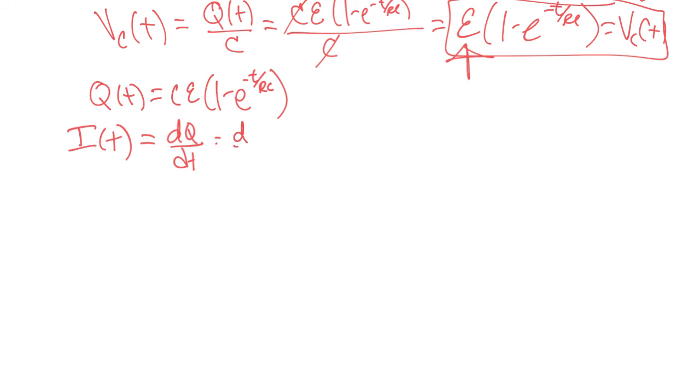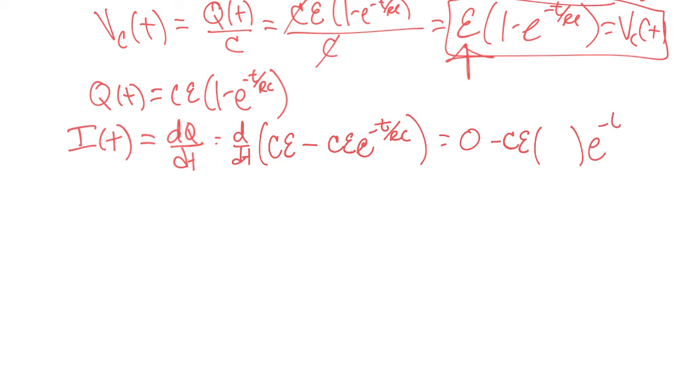Okay, so d/dt of CE minus CE e to the negative t over RC. Okay, so that first term is 0. Now we have negative CE, and then we're going to keep that e to the negative t over RC, and what's going to come down?